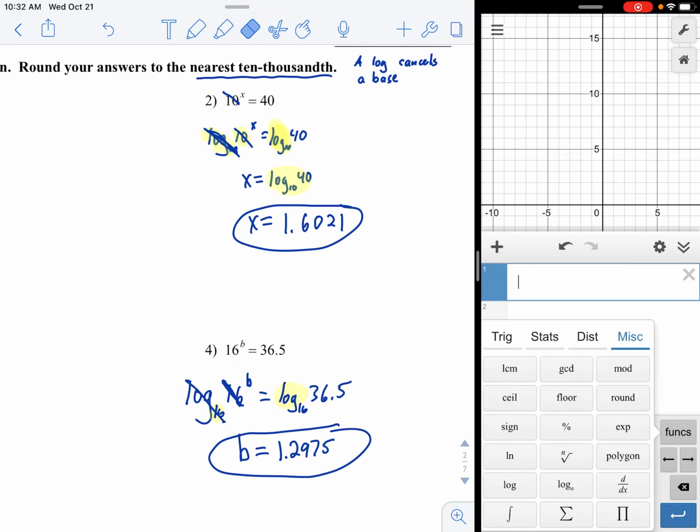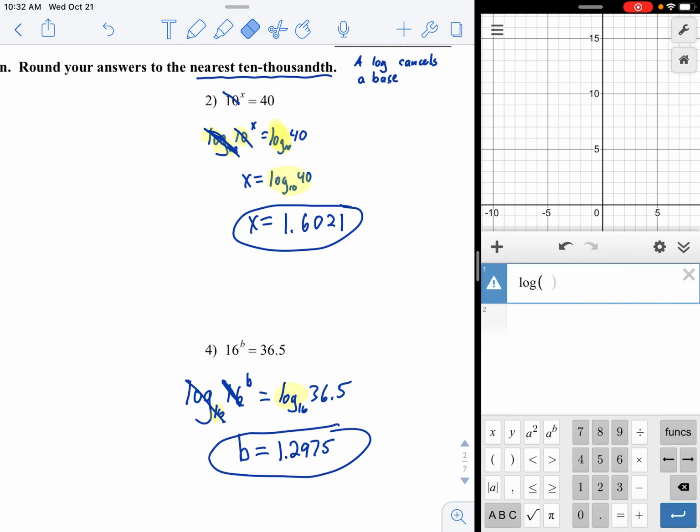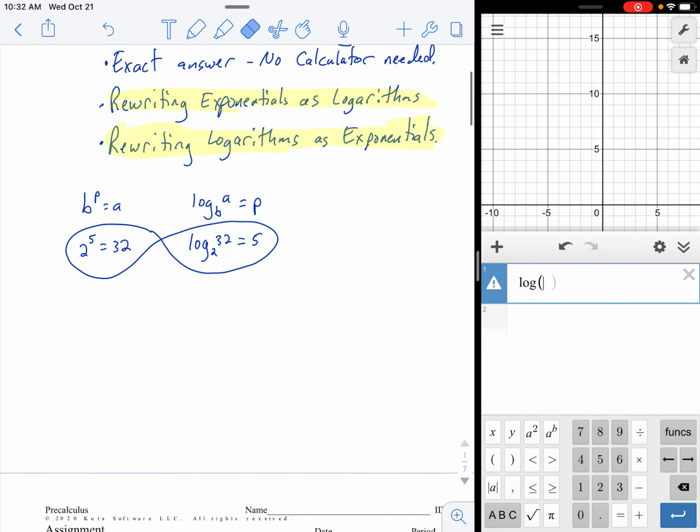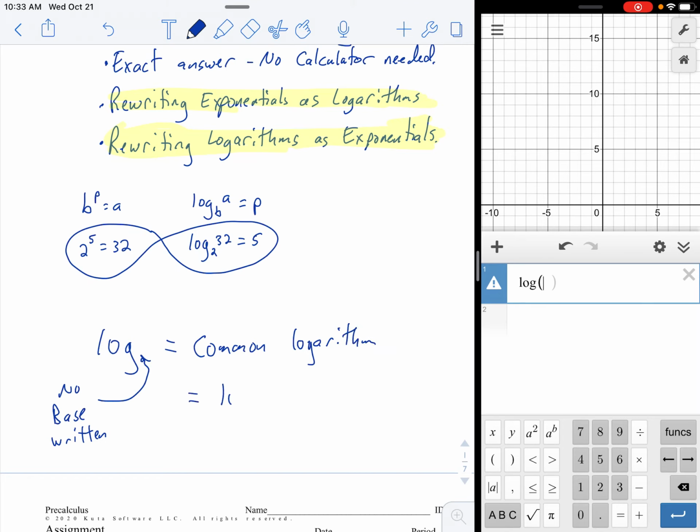Traditionally, historically, technology was not up to that spot, and calculators only had one log button, and it was the log button. This is called the common log. In fact, I'm going to write this down. LOG, no base written, is what we call the common logarithm, and it is equivalent to log base 10.